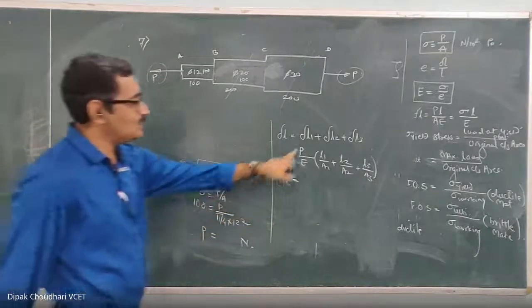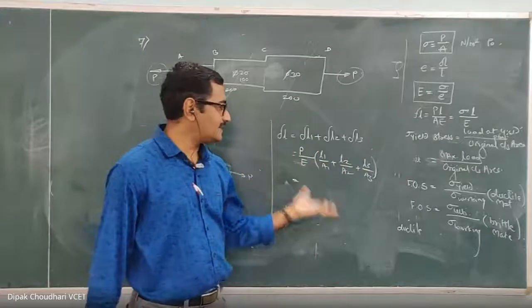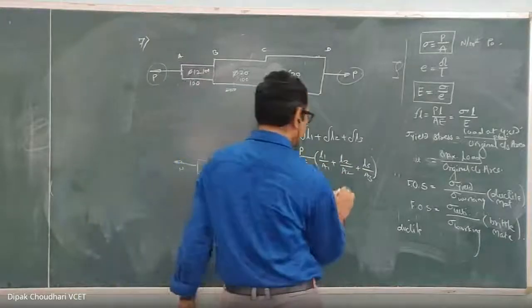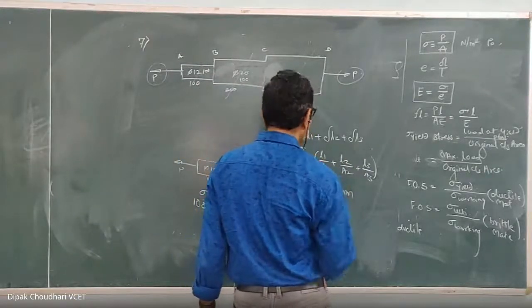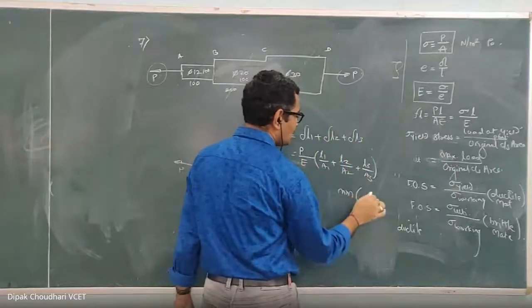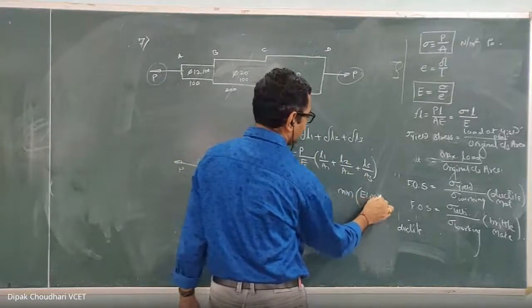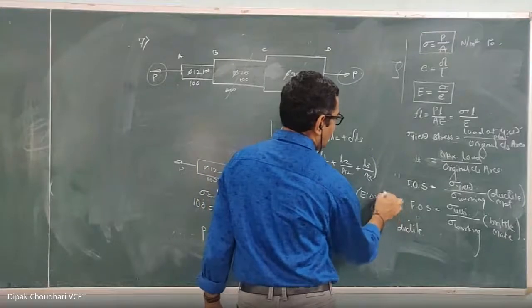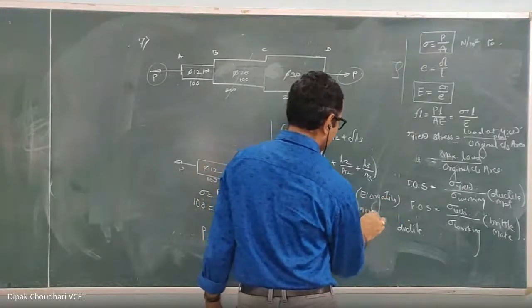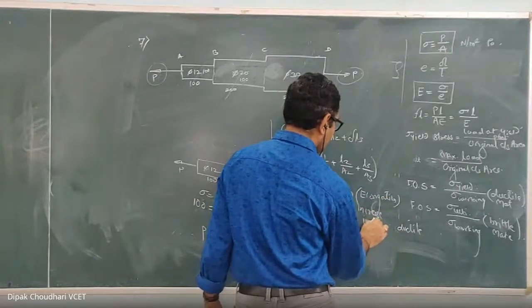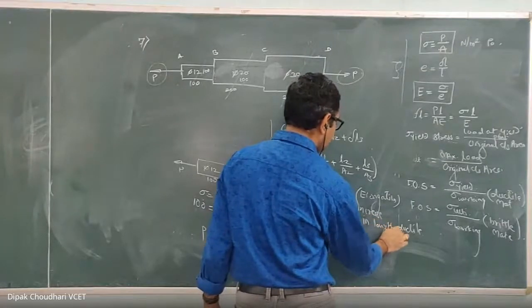First calculate the P, use this P here. Everything is given, substitute the value, you will get the delta L, which is in millimeter, and this value is positive because the tensile axial force is there, meaning here it is the elongation. Either write elongation or write increase in length. Because of this axial force, this much is the increase in length.